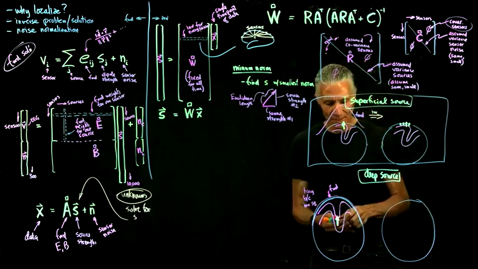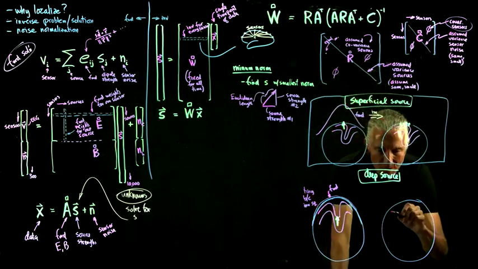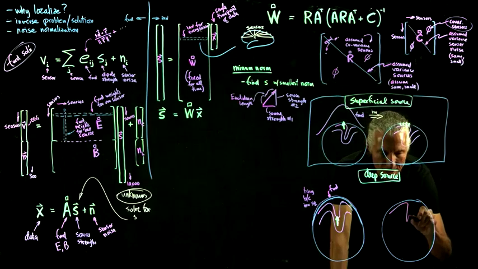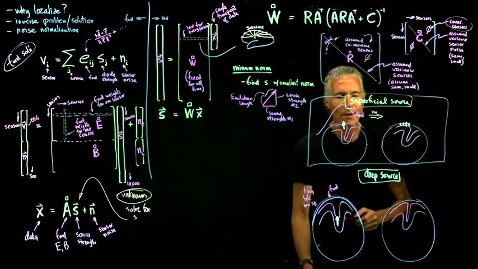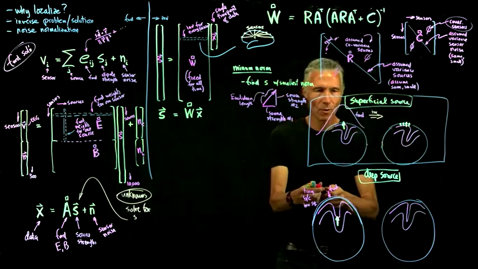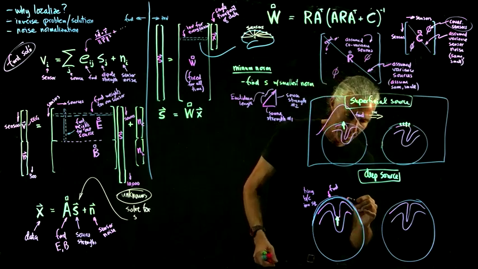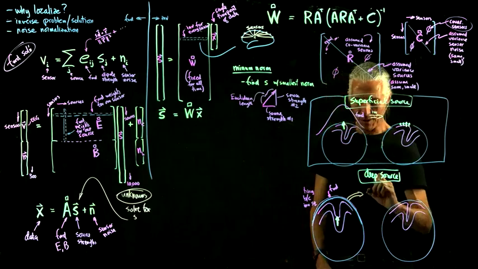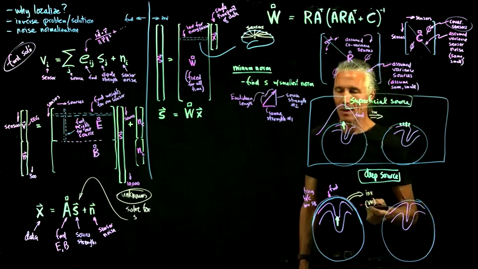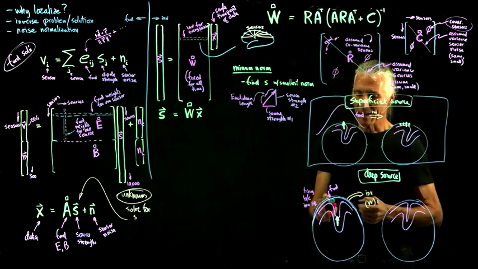So now what happens when we try to solve for where? So just take that forward solution, this guy, and run it through the inverse. Run it through the W, and just see where it ends up.